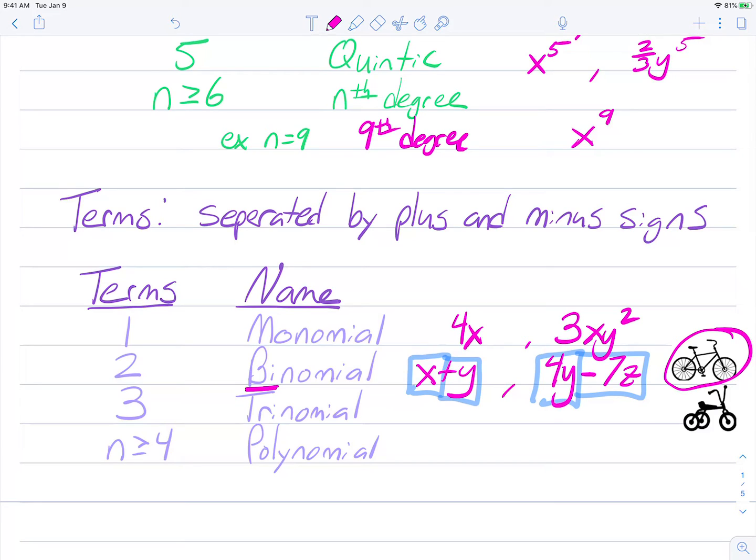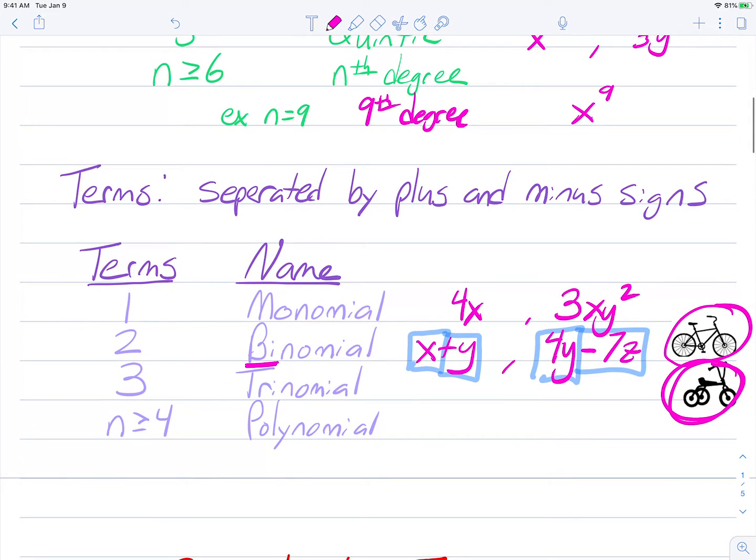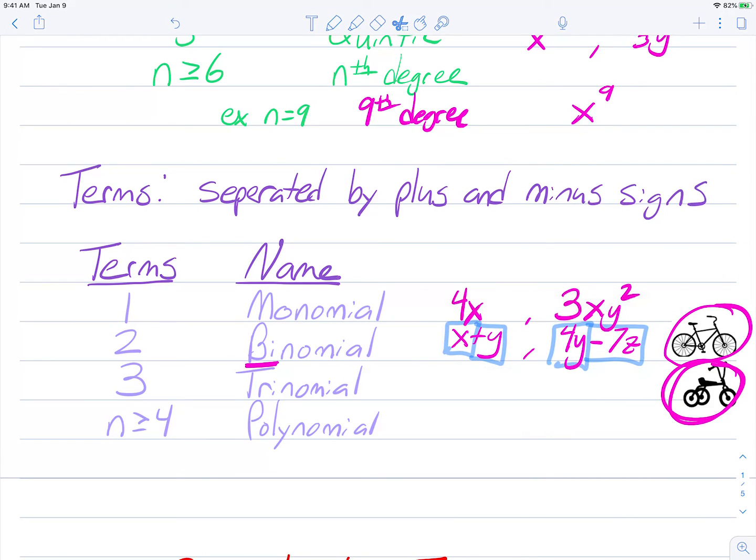A trinomial has three terms, kind of like a tricycle has three wheels. We're going to have a couple of plus and minus signs. For instance, you might have something like x plus y minus z. Those are three terms. The first term is x, the second one is plus y, and the third term is minus z.